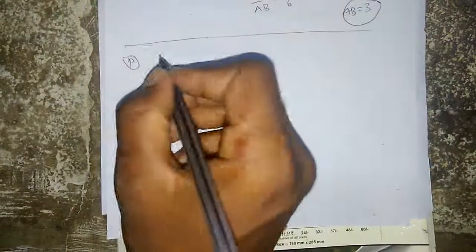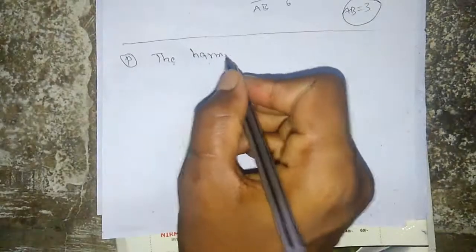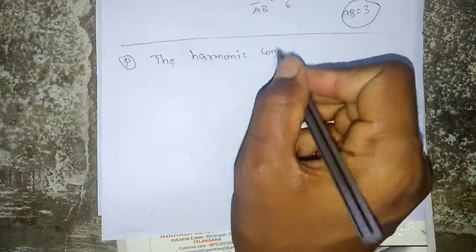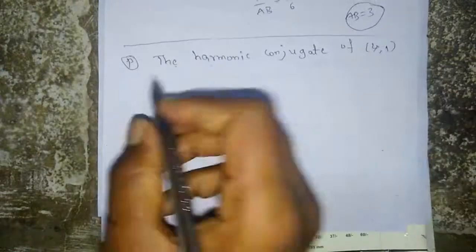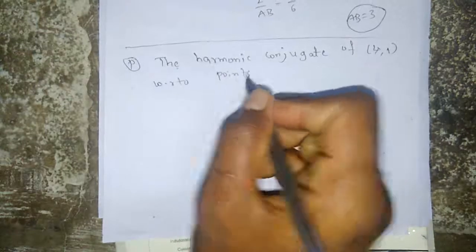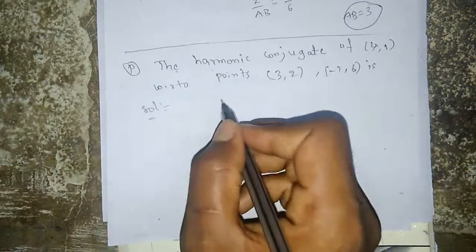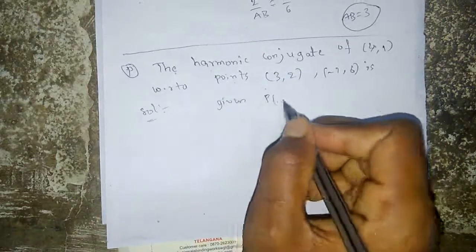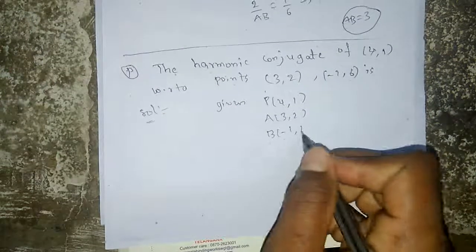Next example: the harmonic conjugate of 4 comma 1 with respect to points 3 comma 2 and minus 1 comma 6 is? Here P is given as 4 comma 1, A is given as 3 comma 2, B is given as minus 1 comma 6.